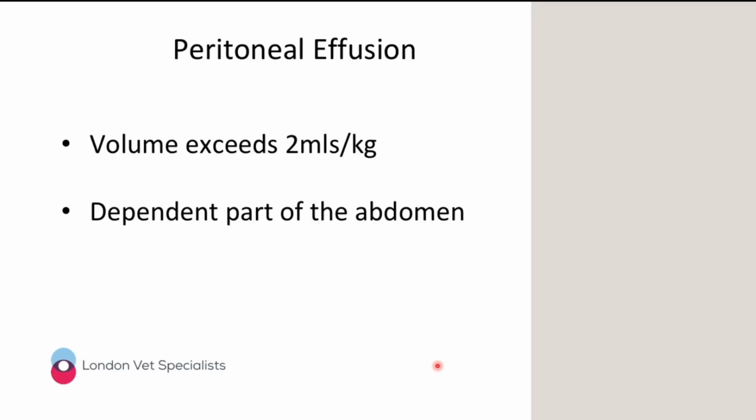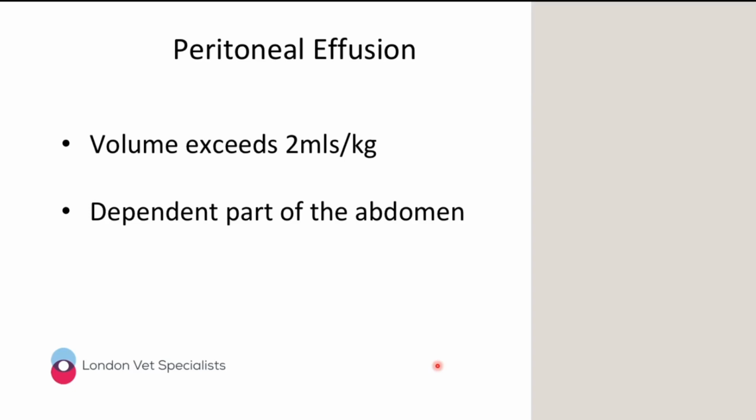As well as a pneumoperitoneum, there's also peritoneal effusion. So peritoneal effusion, pneumoperitoneum, and peritonitis often go together. So if we are to detect a peritoneal effusion, so fluid in the abdominal cavity, the literature suggests that you need to have at least 2 mils per kilogram of fluid.